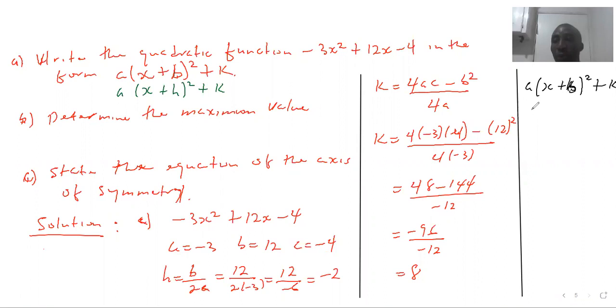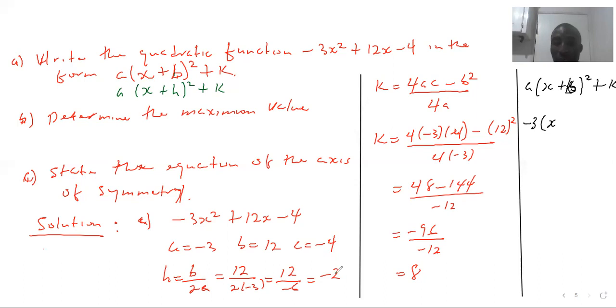Now, just a quick reminder, remember that our b here is the same thing as our h. Even though we have the b, we use the h to represent it, so don't confuse your brain. So I'm going to put here, my a value is -3, bracket x.